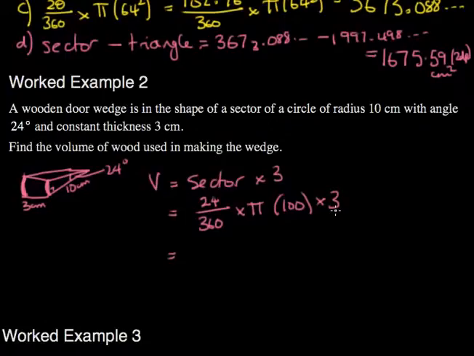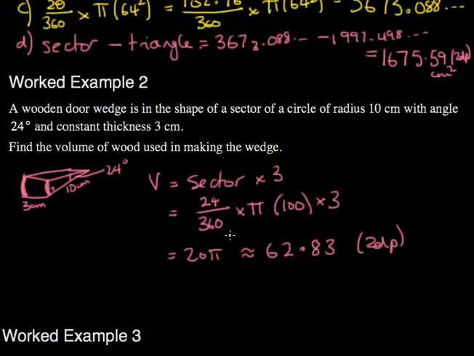And on a calculator, 20 pi, which it doesn't say in the question anything about 3 significant figures, but I would write that as 62.83 to 2 decimal places, for example, and that was in centimeters cubed.